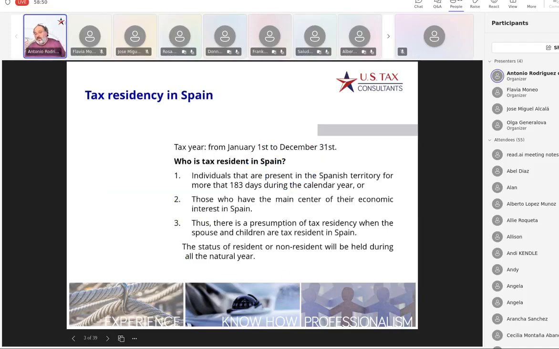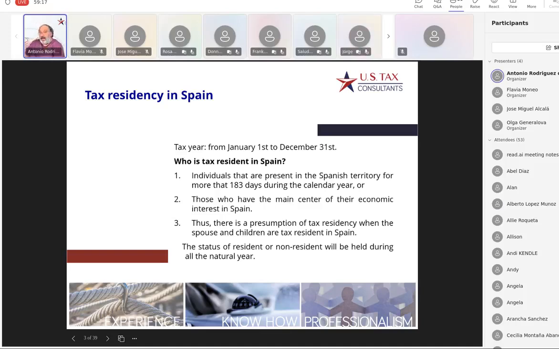Well, the first thing that we are going to deal with is residency. As you know, in the States, people are classified between U.S. persons and non-resident aliens. The U.S. persons are U.S. citizens, green card holders, and resident aliens, people that were aliens but live there.